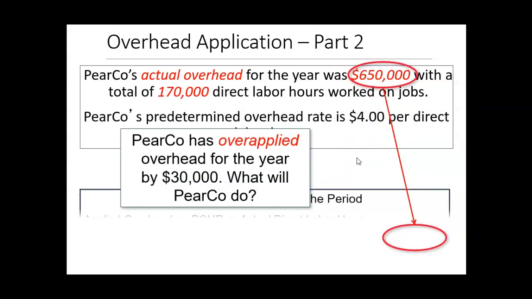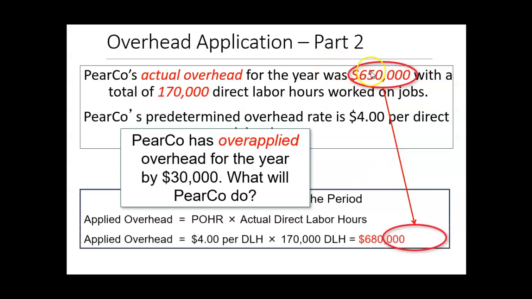The actual overhead was $650,000. So in this case, the actual overhead is less than the applied. Therefore, we have overapplied overhead in the amount of $30,000. We've applied more overhead than what actually took place during the course of the accounting period.